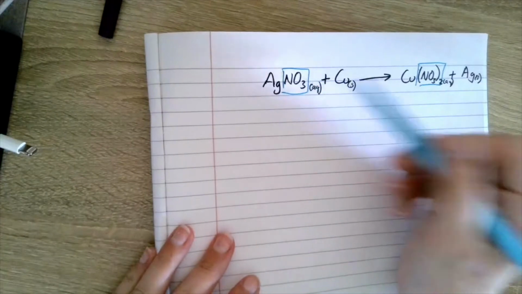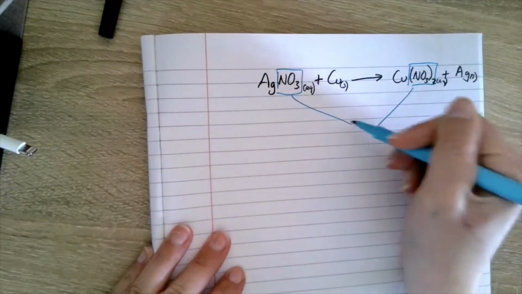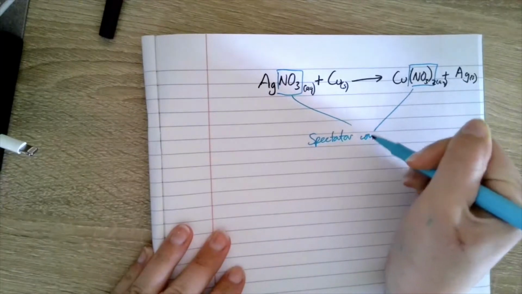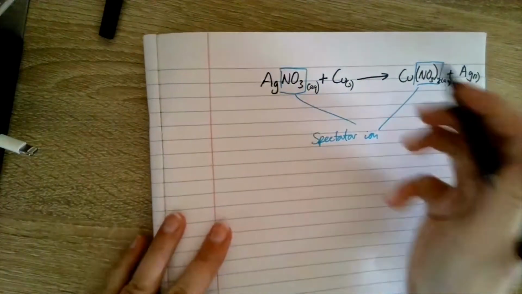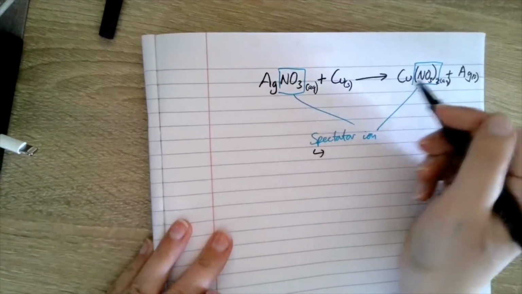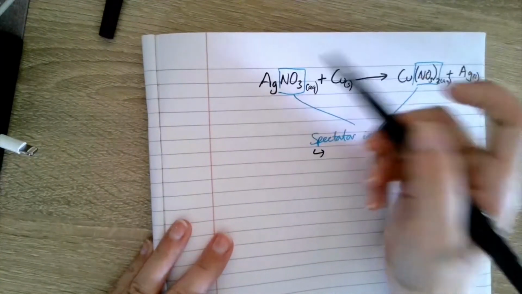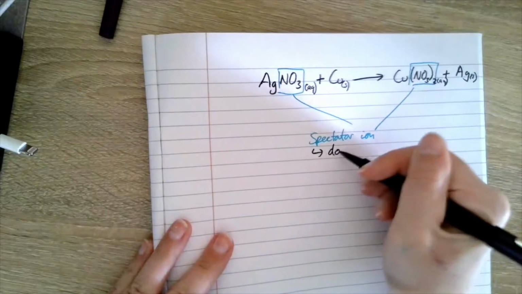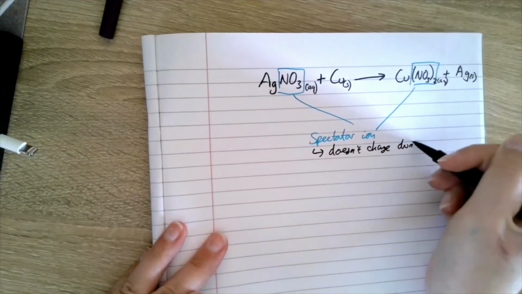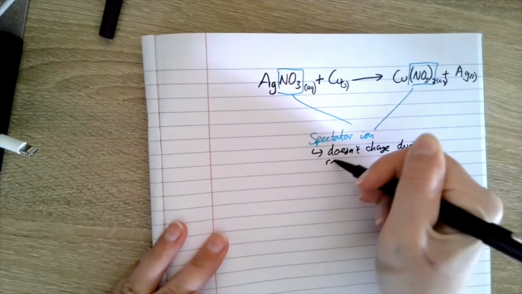So these are what's called spectator ions. A spectator ion is one which doesn't change in a reaction. So this stays as NO3 minus in aqueous solution, both as a reactant and as a product. So it doesn't change during a reaction.